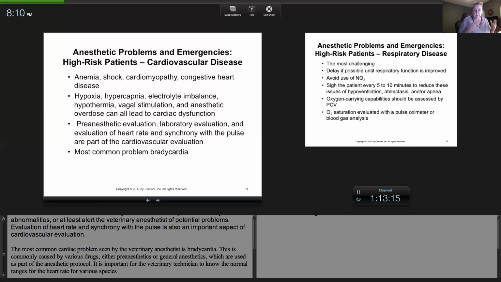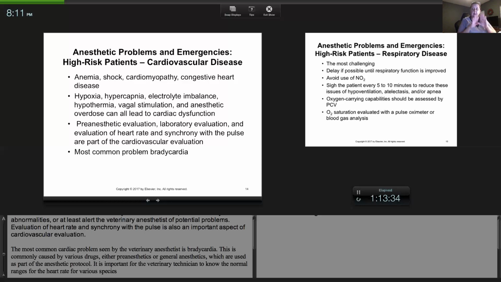Then I'm like, that's probably why the heart rate's 40. If the heart rate's 40, say it had been 80, and there was no alpha 2 on board, it could be they're hypothermic and their heart rate's dropping. It could be that they're too deep, or it could be that there was a vagal stimulation.